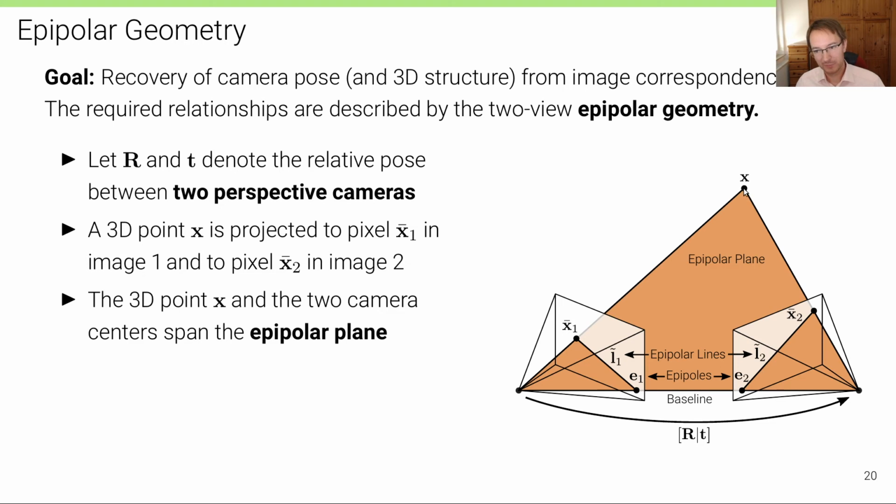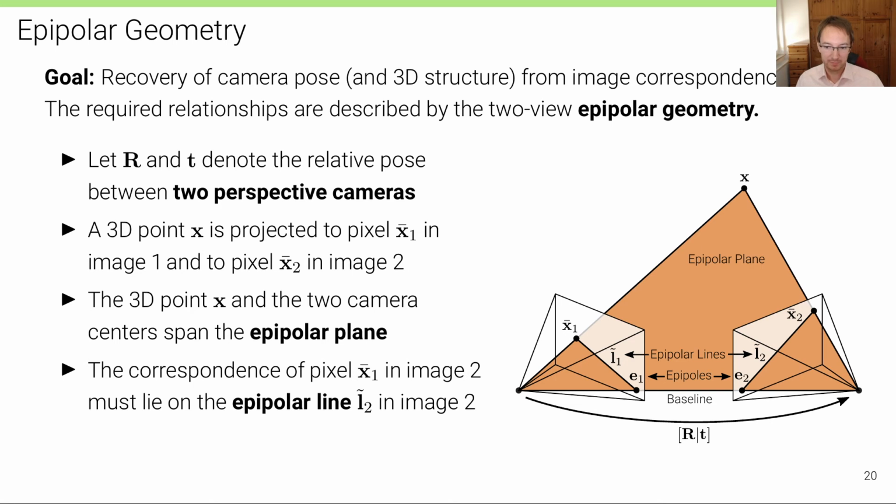Now, the 3D point and the two camera centers span the so-called epipolar plane. Because we have three 3D points, all of them must lie on a single plane, that's clear. But because the points get projected linearly into the images, we also know that the pixels x bar 1 and x bar 2 lie exactly on the same plane. All of these 5 points, the 3D point, the camera centers, and the pixels, lie on the so-called epipolar plane.